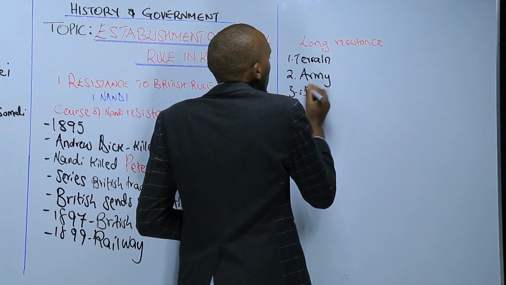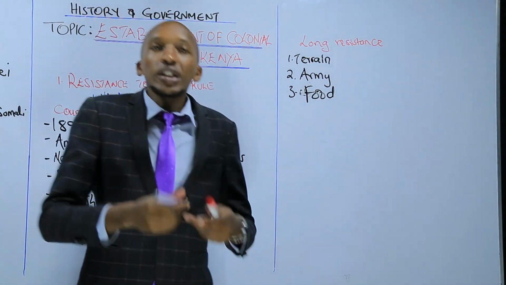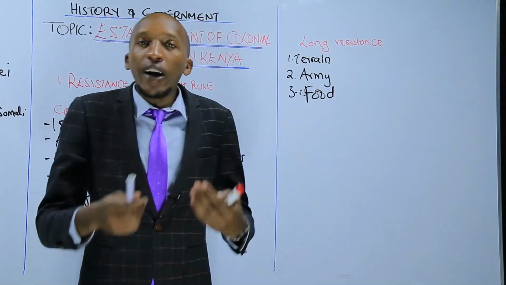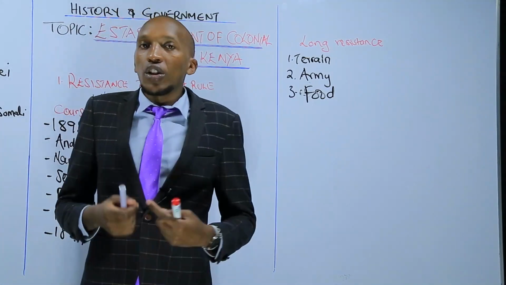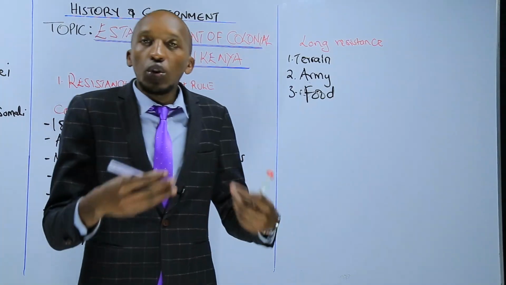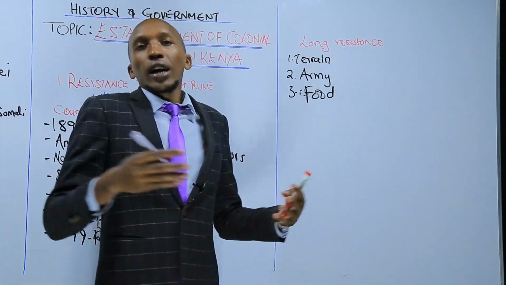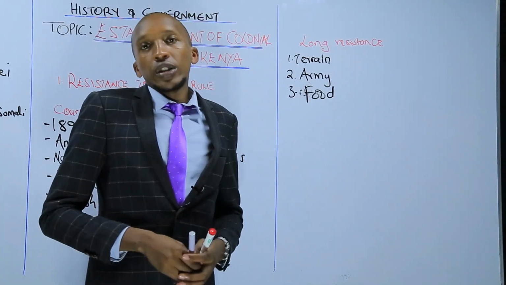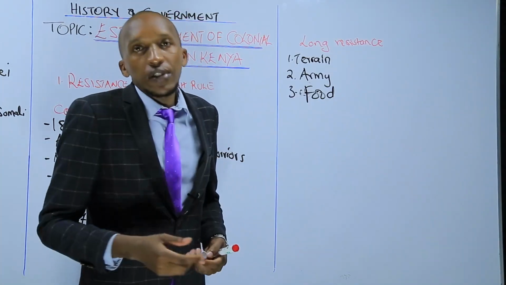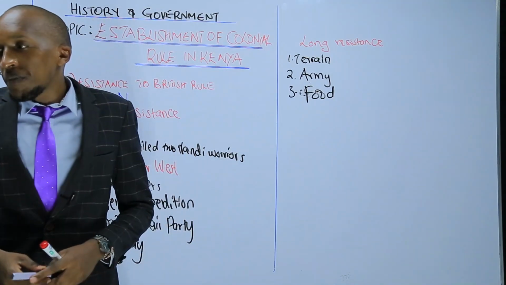They had a mixed economy. They were farmers and livestock keepers. Though with the British coming to attack them, at some point they used the scorched earth policy, where they would burn down and destroy the Nandi food. They had surplus food because they were livestock keepers. So that enabled them to continue fighting.